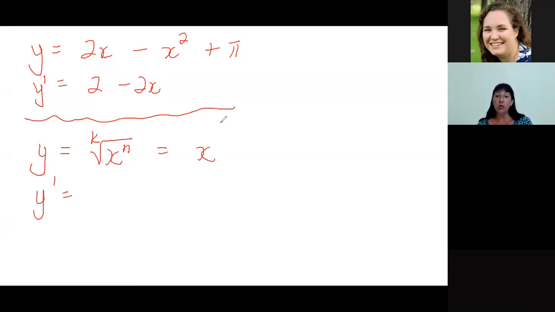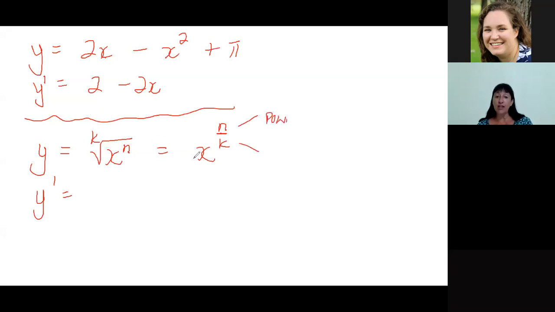How do we work out what that fraction is? Something over something. It is the existing power over the root. And that's it.